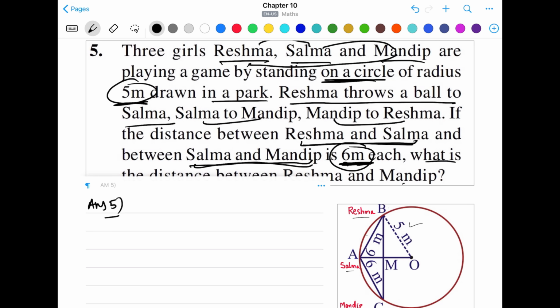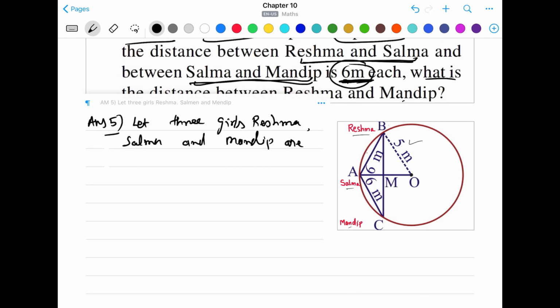So what we have, let 3 girls, Reshma, Salma and Mandeep, are standing at points B, A and C respectively.